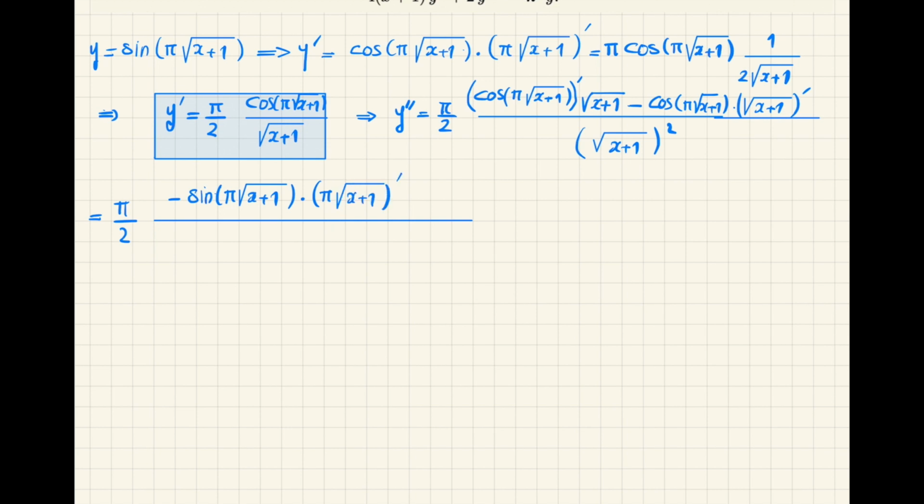And then if you remember, what I have written so far is just the derivative of this function, and then you see after that I have a square root of x plus 1, so I will write a square root of x plus 1 as well at the end. And then I will have minus, I will copy and paste this part, so it is cosine pi square root of x plus 1.